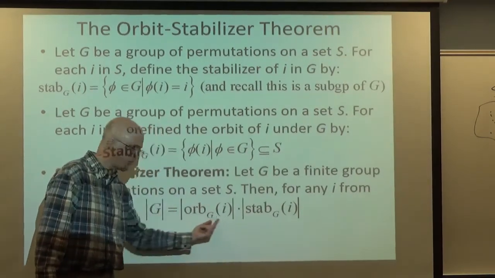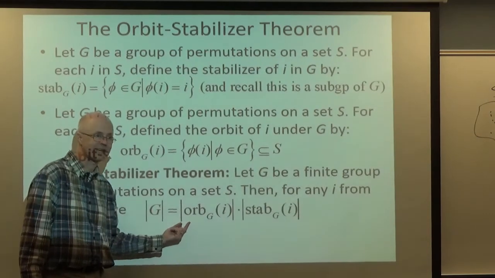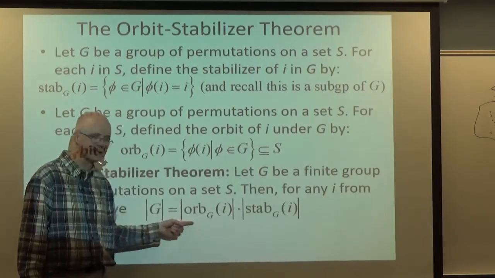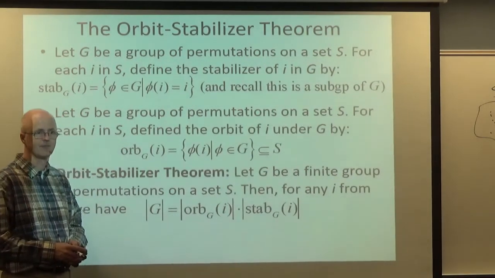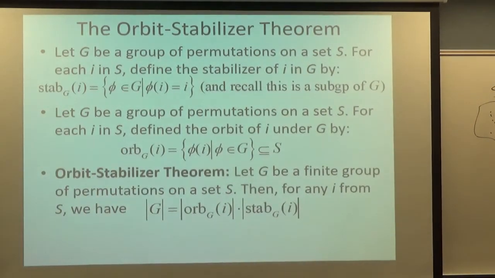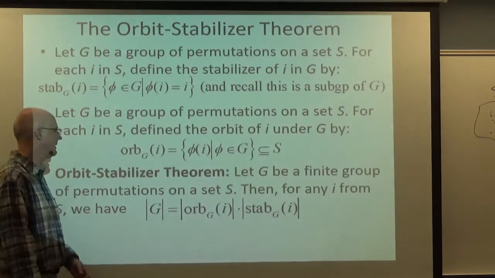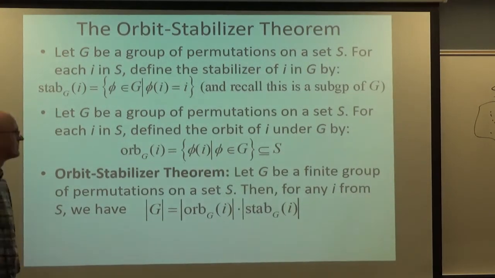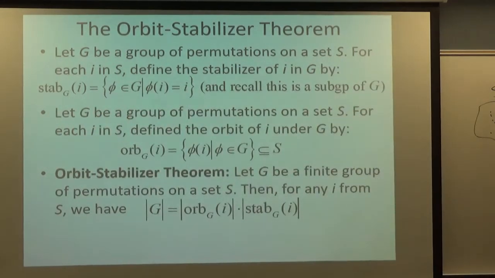The orbit's not a group in general. The orbit's just a set. So when I use the absolute value signs around this, I'm just talking about the number of elements in the set, consistent with the idea of the order of a group as being the number of elements in the group. This equation is true. There are pretty cool applications of this, mathematical applications that you'll see as you continue studying Chapter 7.